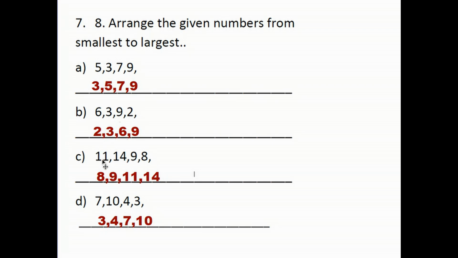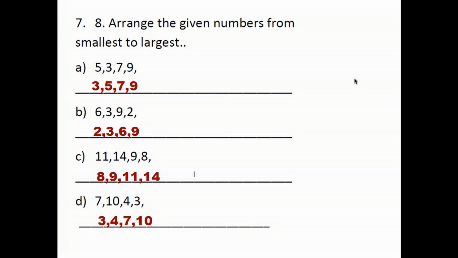Then 8, 9, 4, 11, and 14. Lastly, you have 7, 10, 4 and 3, so you start with 3, then 4, 7 and 10 finally. So here is your correction. Based on this, compare your answers.